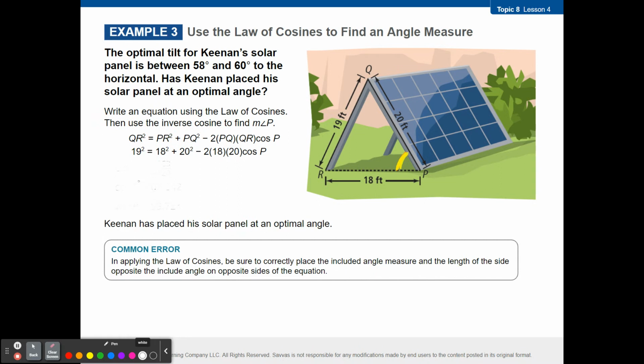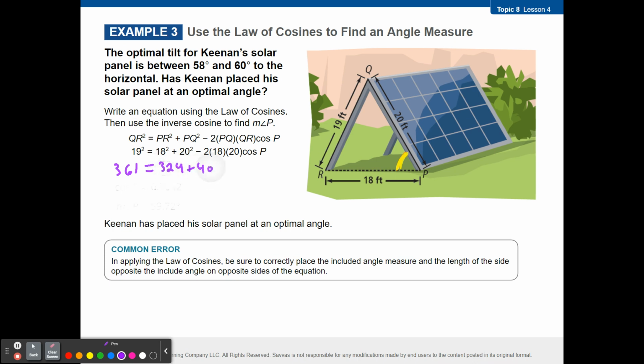The first thing I want you to do is tell me what is 19 squared? Tony, what'd you get? 361, you said? Okay, I just couldn't hear you, sorry. So we got 361. What's 18 squared? 324.